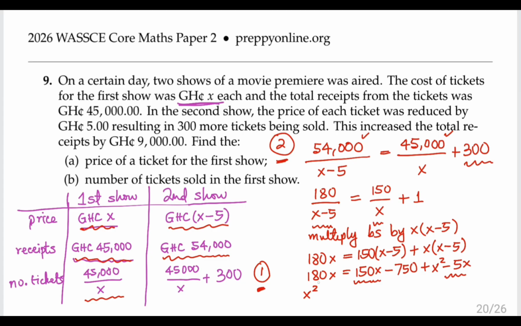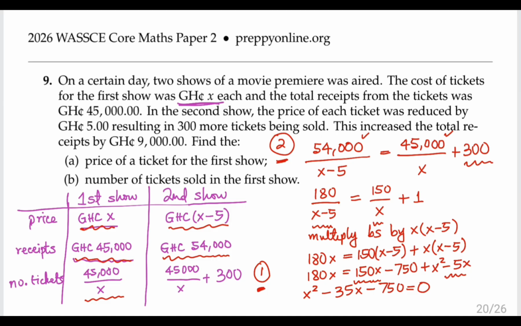Then we have minus 180x because we are going to bring that to the other side. So we have 150x minus 180x, which is minus 30x. Then we subtract 5x. That becomes minus 35x. And then we have minus 750, and that is equal to 0. So we have to factorize this quadratic. Let's try to create space.